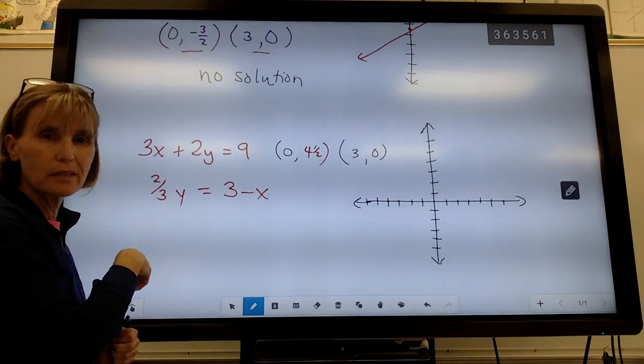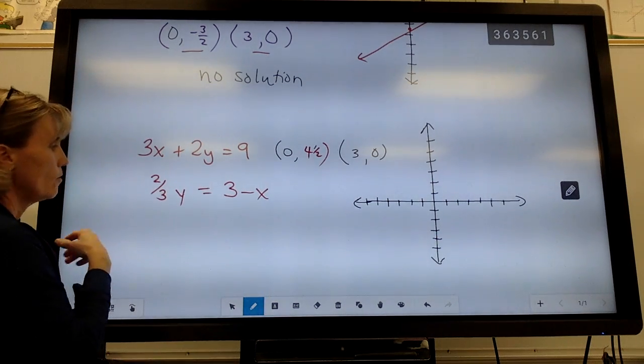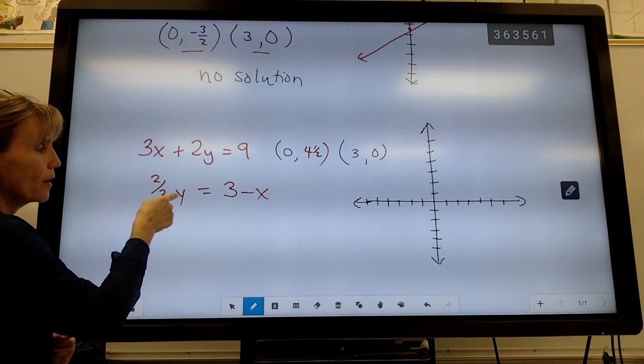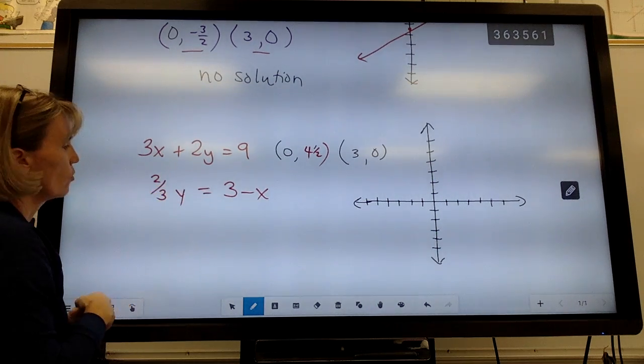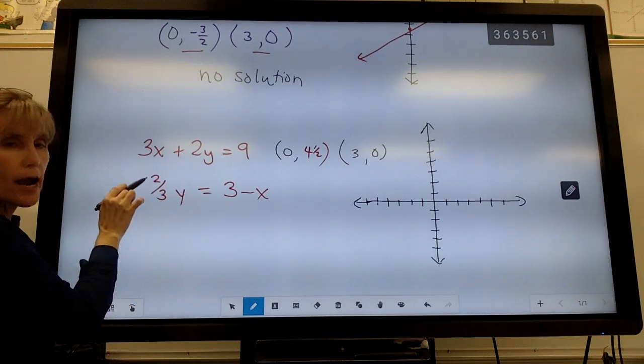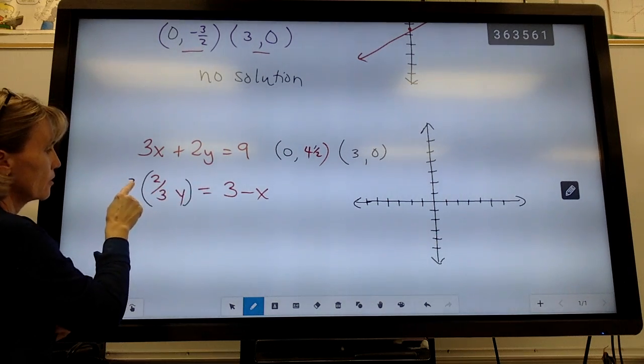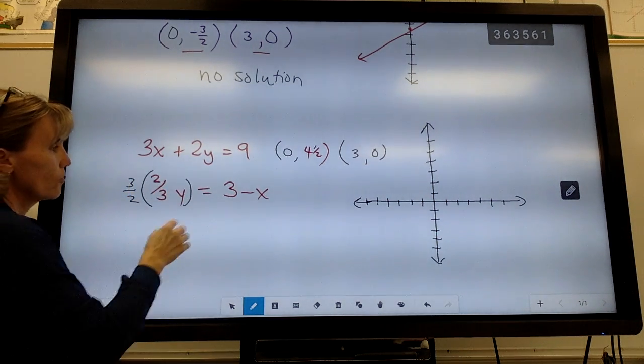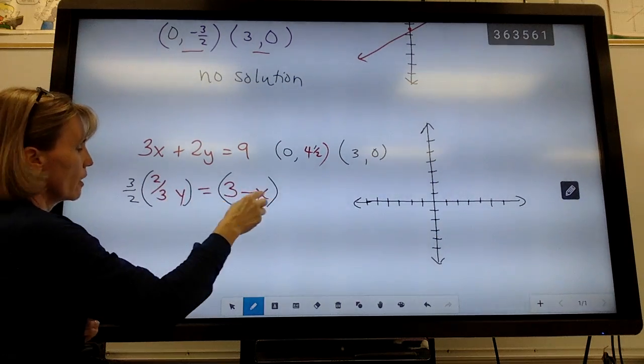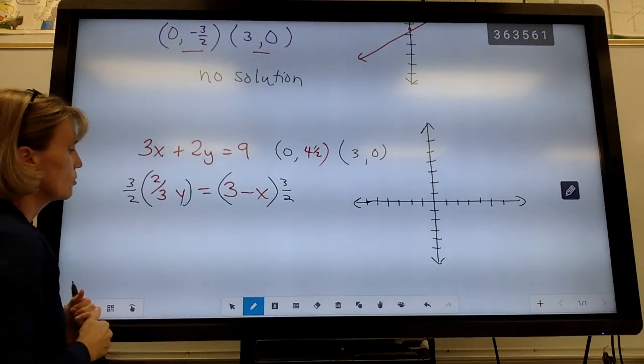Okay, this is kind of messy. I don't really like that, so I want to get y by itself. I'm going to put this in slope-intercept form. So how do I get rid of the fraction in front of y? I'm going to multiply that by its reciprocal, take it times 3 over 2, and if I do that, I have to go to the other side and multiply by 3 over 2 as well.